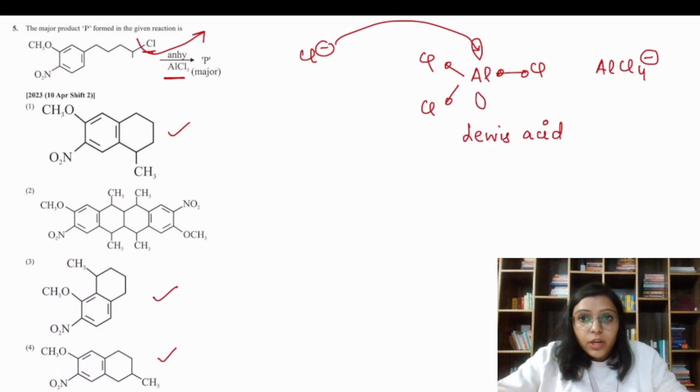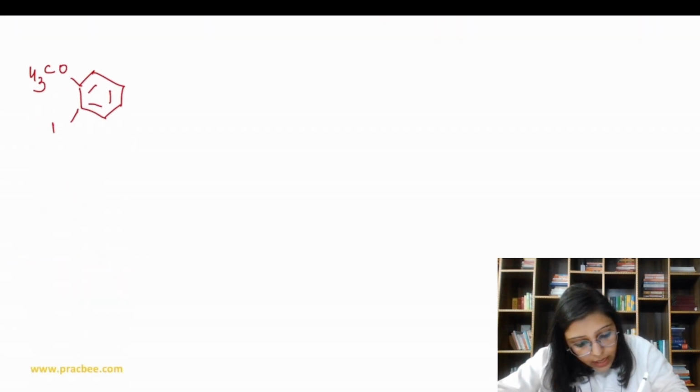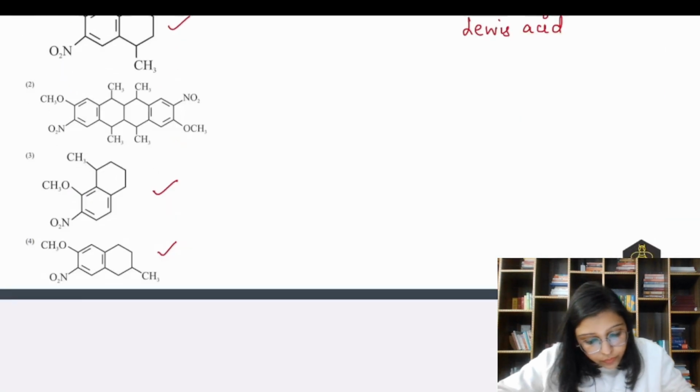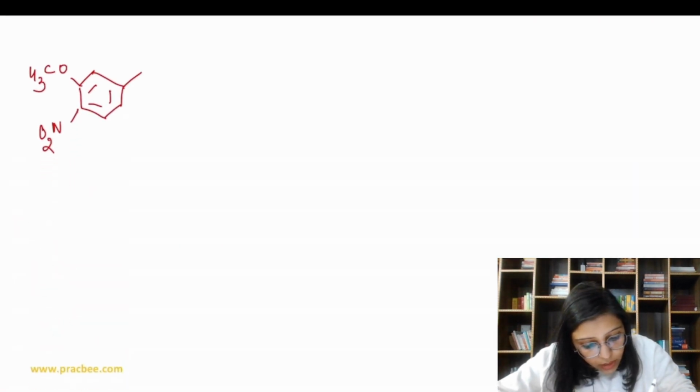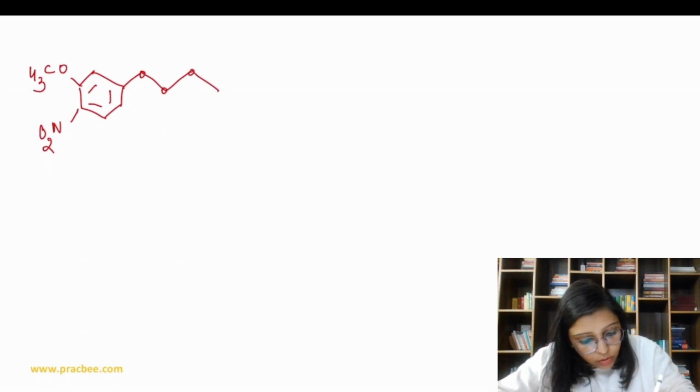So from this, what do we have? We have this, OCH3, then we write NO2, then 1, 2, 3, 4.